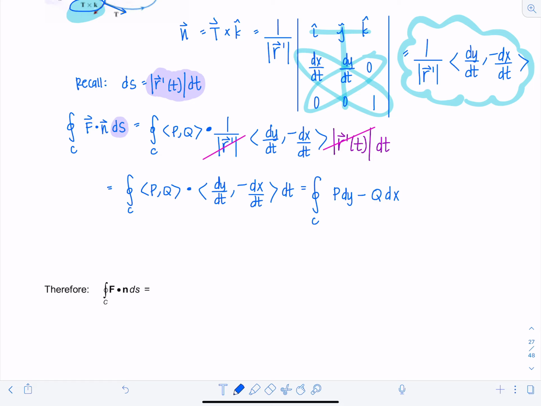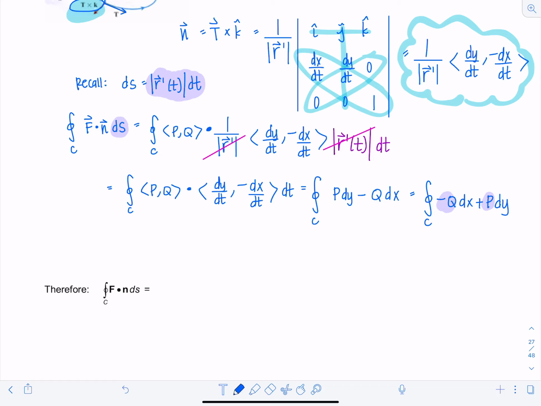Okay, now pretend you're given this line integral and you want to apply Green's theorem. Let me rearrange it so it looks more familiar, so you're ready to apply Green's theorem to it. So you would have negative Q dx plus P dy. So think of this negative Q as your normal P, and then think of this P as what Q used to be.